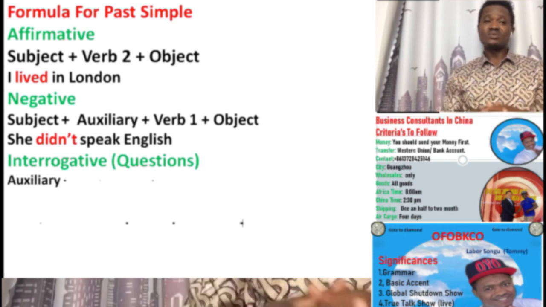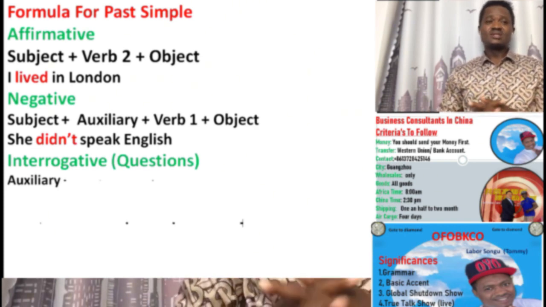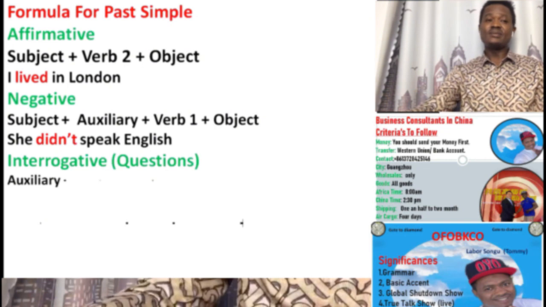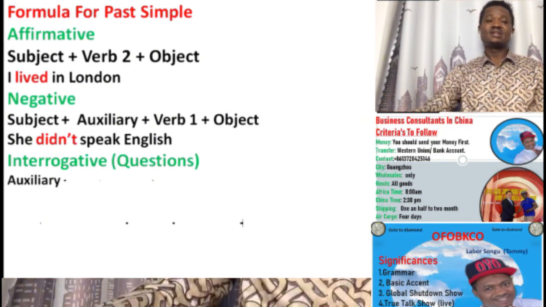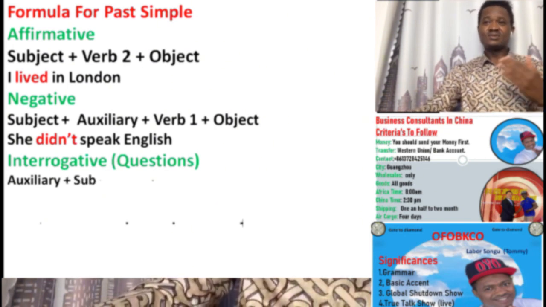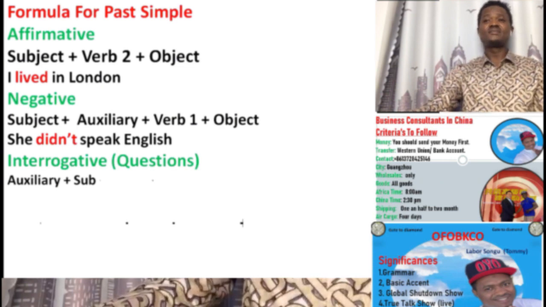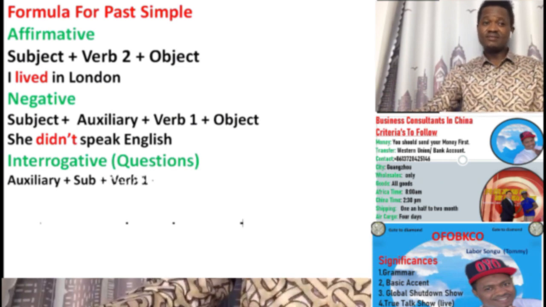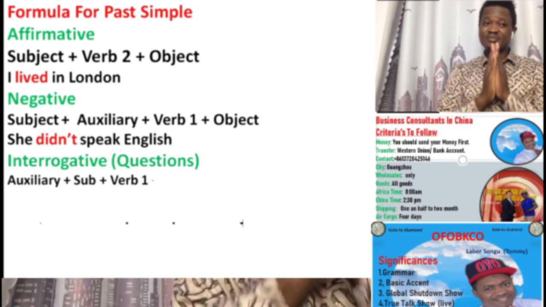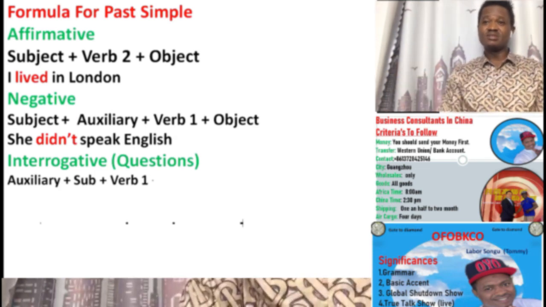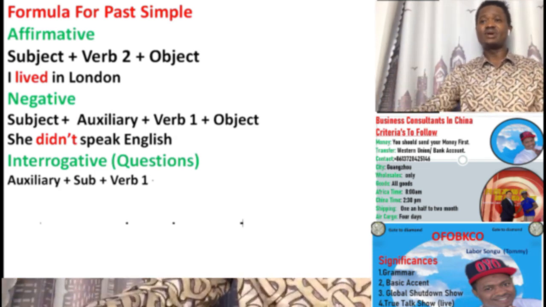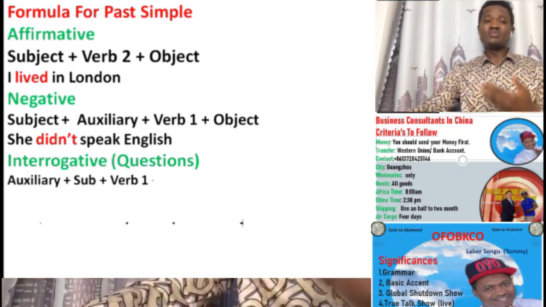So you have to see here the auxiliary verb comes before the subject: auxiliary verb plus subject plus the V1 verb. The verb should always be in the base form in the interrogative form. Plus object.